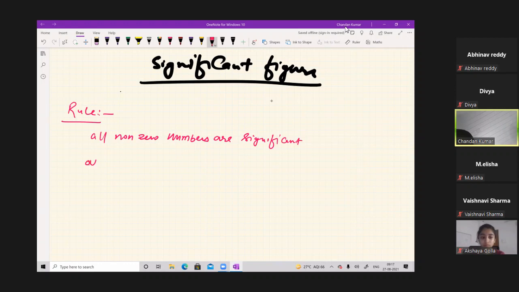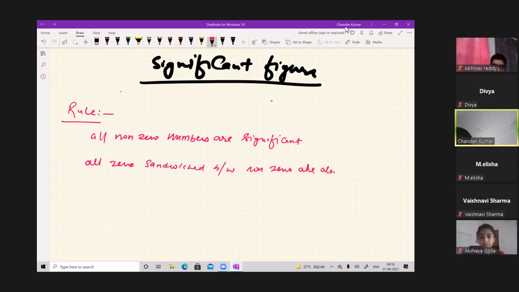Okay, all zeros sandwiched between non-zero numbers are also significant. Trailing zeros are significant.